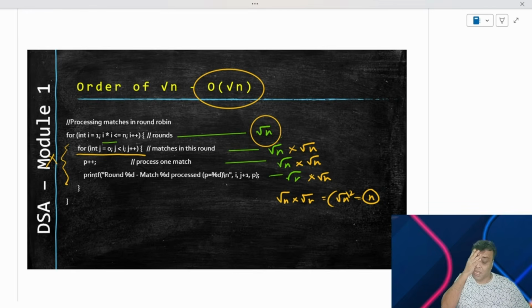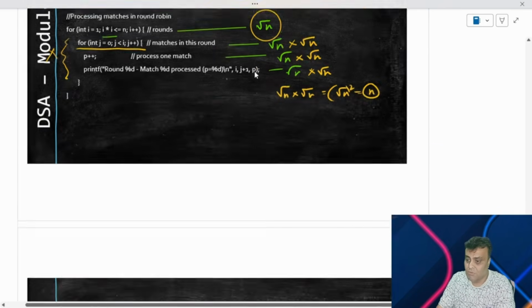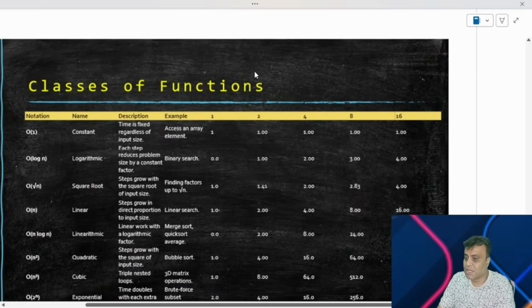So that is how anything can happen in terms of time complexity, in terms of the combination of statements, of programs, of algorithms, which can help you to go to a complexity class, which we have already discussed. And what we have discussed is these complexity classes.